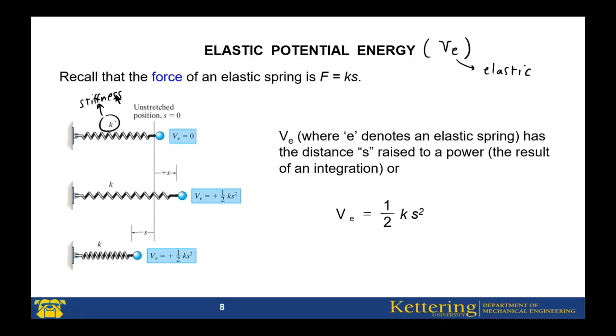Here, because it starts and is measured from the unstretched position, this one is s. However, sometimes a spring has an initial length, for example L0. Then, when I stretch this spring, the length becomes L, and s will be the difference between L and L0.